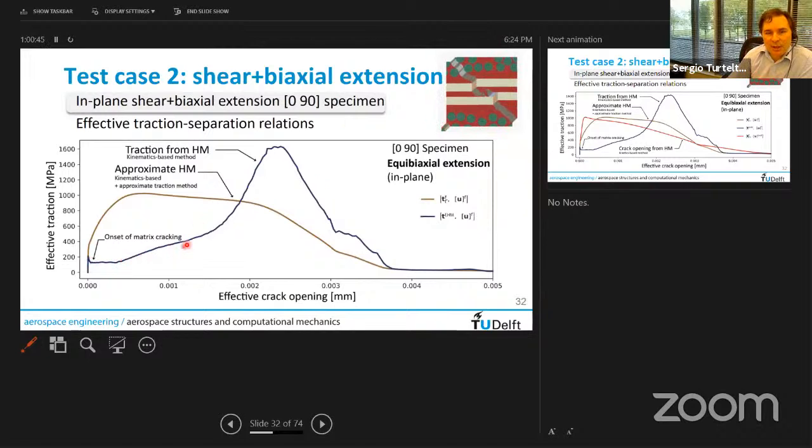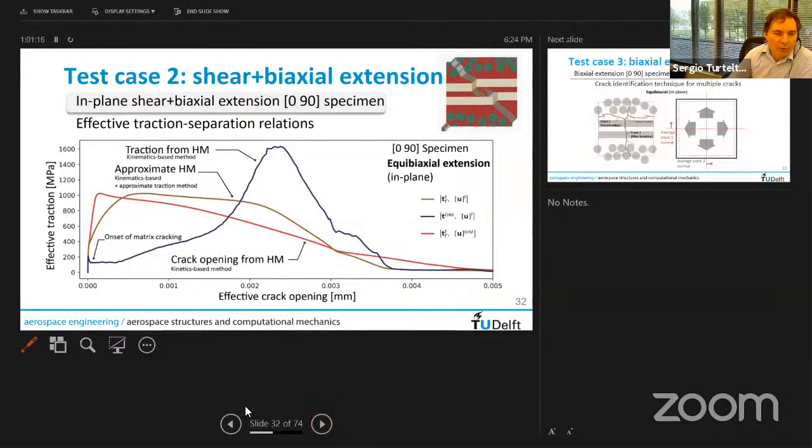But at this point is where we do the post-processing for the fibers breaking. And to compensate, because we have moved so far out in terms of the crack opening, it overpredicts the tractions that are required to dissipate that energy. So it appears as if the effective strength is much higher than what is predicted by this other method.